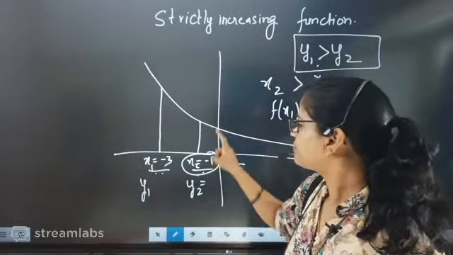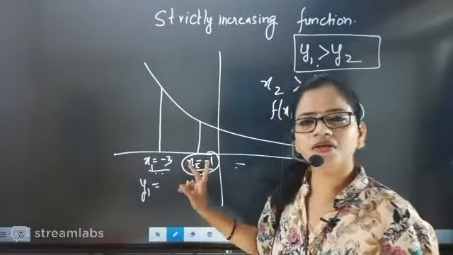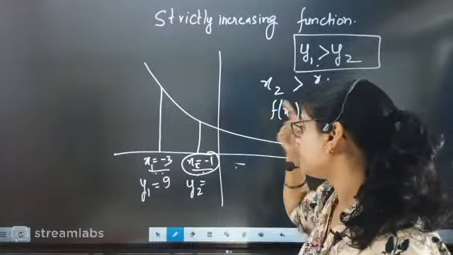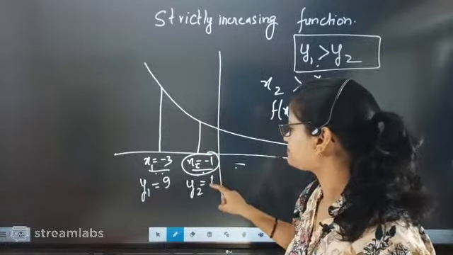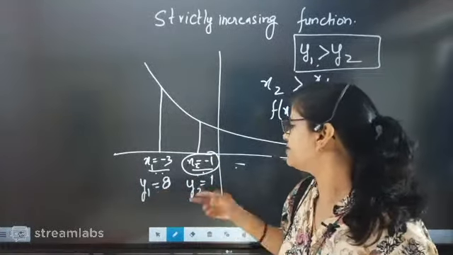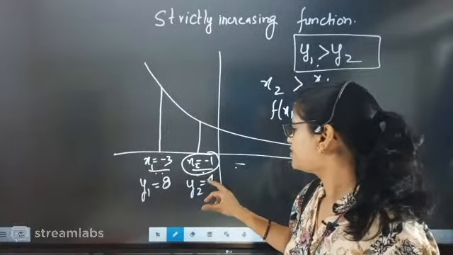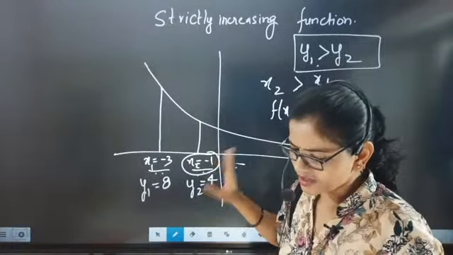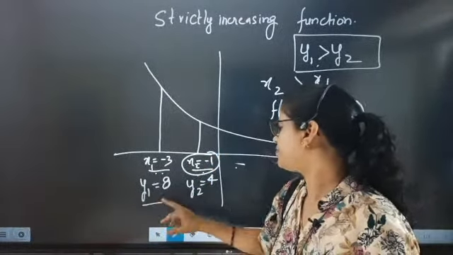Now come on, tell me which one is y1. Just assume the curve values are something like 9, 4, 1. Now tell me fast, whatever the curve values will be, I have written them just one time like that. So now tell me beta.